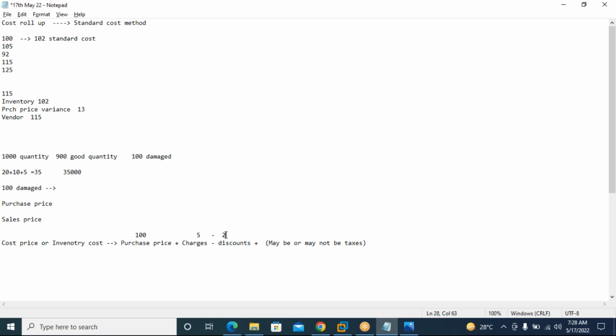So what is the actual amount? Cost price 103. Now standard cost will calculate only 102. The 1 rupee difference, whatever it is, will be posted to variances, purchase price variance. Okay, thanks.